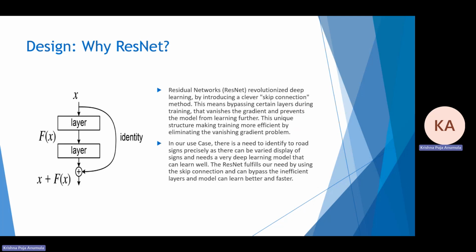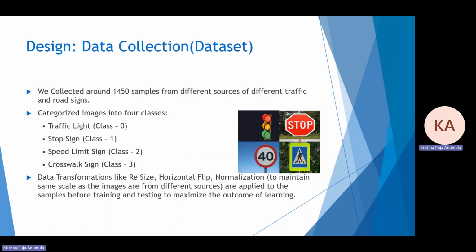So it is very important for us to identify the road signs precisely. ResNet perfectly fulfills our need, and the skip connection is the major thing that really helps us classify the images better. So we chose ResNet for our requirement.